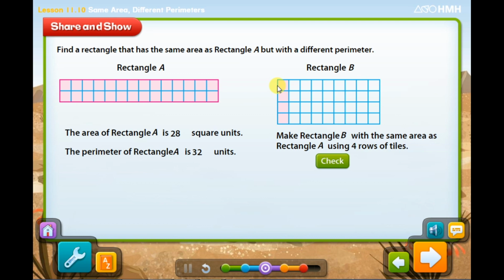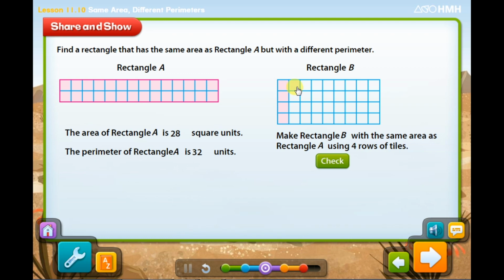4, 8, 12, 16, 20, 24, 28. So that's number 7. This means I need to put 7 tiles in each row. So afterwards, we can multiply 4 times 7 will give me the same area, which is 28. So let's put 7 tiles.